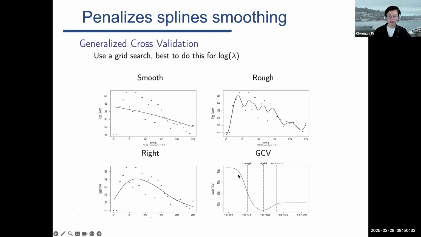As you can see, on both the left and right side, the prediction error typically goes down and then goes up again. So if you choose the lambda just right, typically you can achieve a good balance. You will minimize the cross-validated error. So that's how it works in practice.